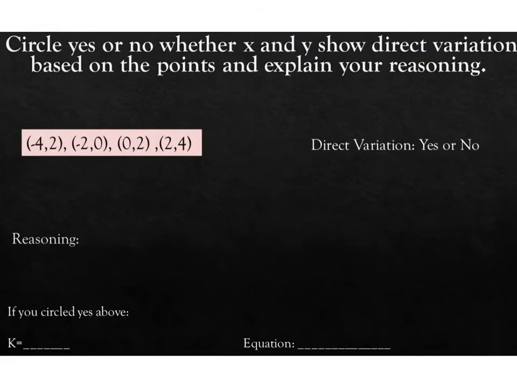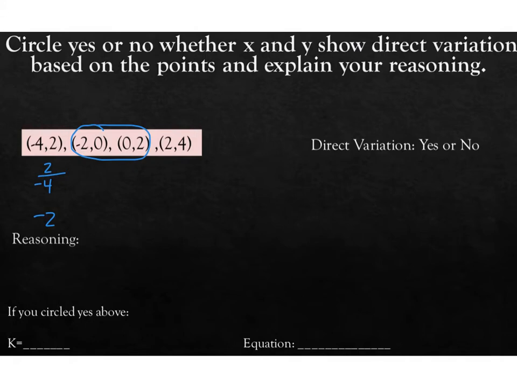All right, so we're going to do the same thing here. We've got some points. We're going to go ahead and try to find our k to see if it's proportional. So we are going to put our y value 2 over -4. Okay, so we know that's going to simplify to -2. I can write that here. Now, I'm looking here and I notice, based on both of these points, that this graph is not going to go through the origin because we don't have a 0, 0 here.